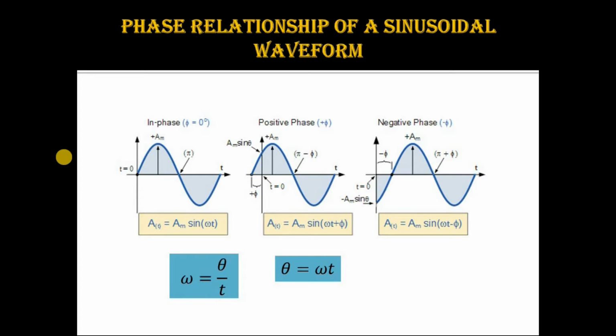Now look at the second sine wave. Where does it start? The second sine wave starts at minus 5. Instead of starting at 0 degree, it starts at minus 5. That means it is starting 5 degree earlier. So it is phase advanced by 5 degree.